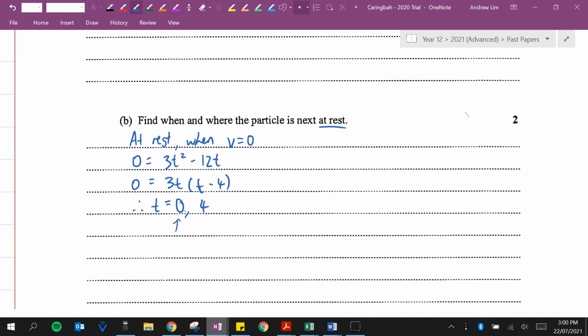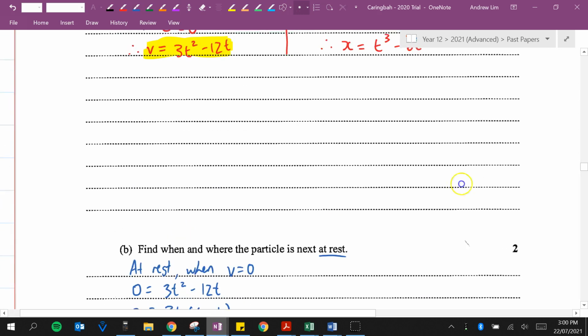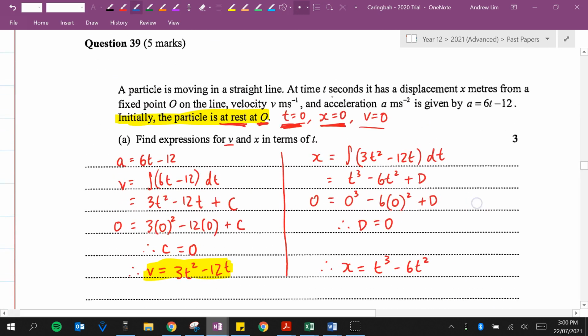So the next time it's at rest is at t equals 4. Next time the particle is at rest. Okay, and that's 4 seconds. Let's just double check that. Yep, time t seconds. So that's 4 seconds.